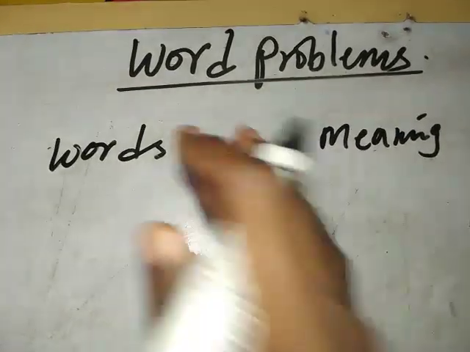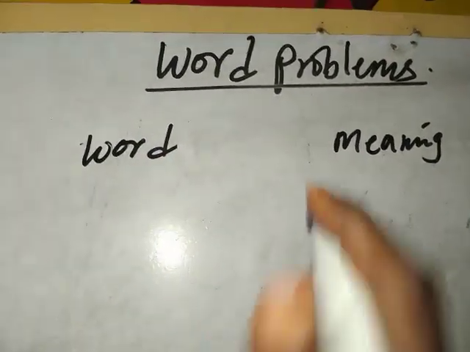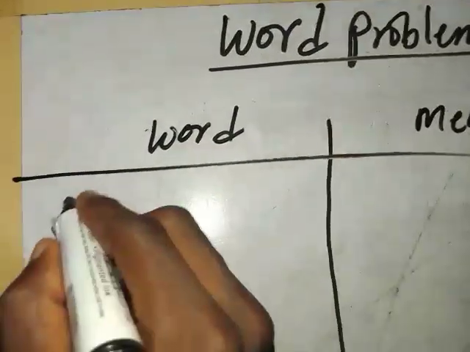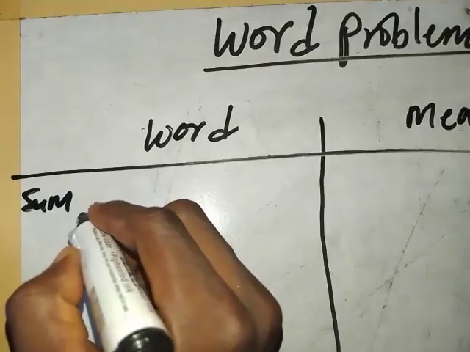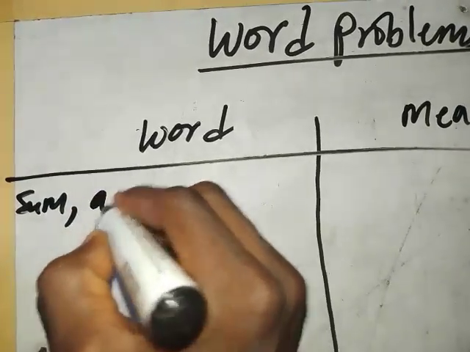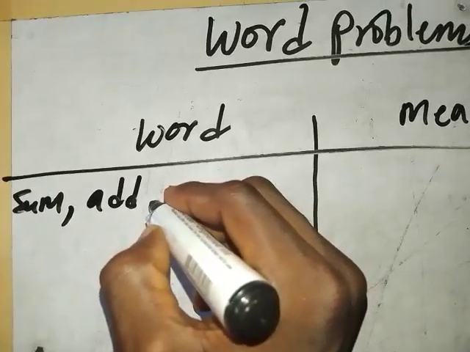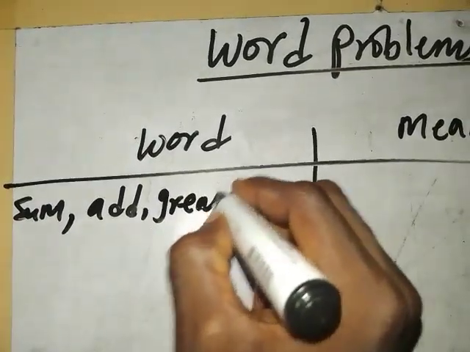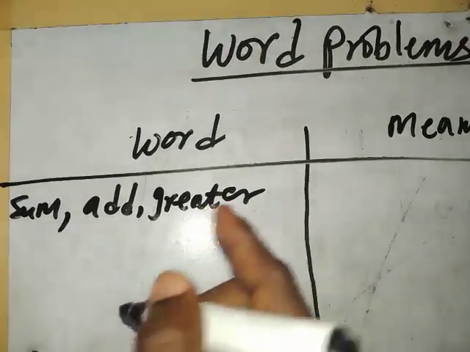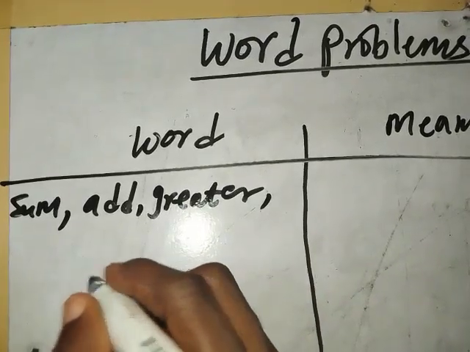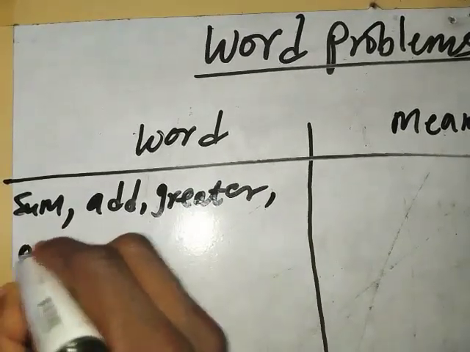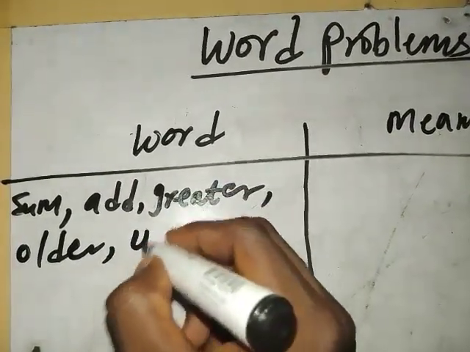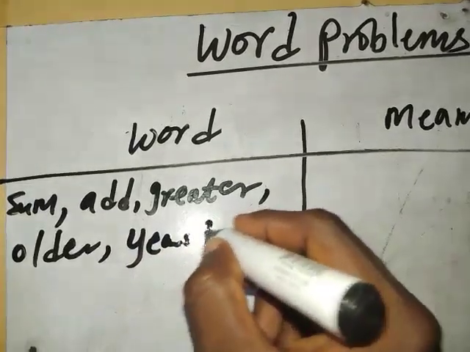Words and meaning. Now, when we say some, or we have add, and also we have greater, greater than, we have older, we have years time.